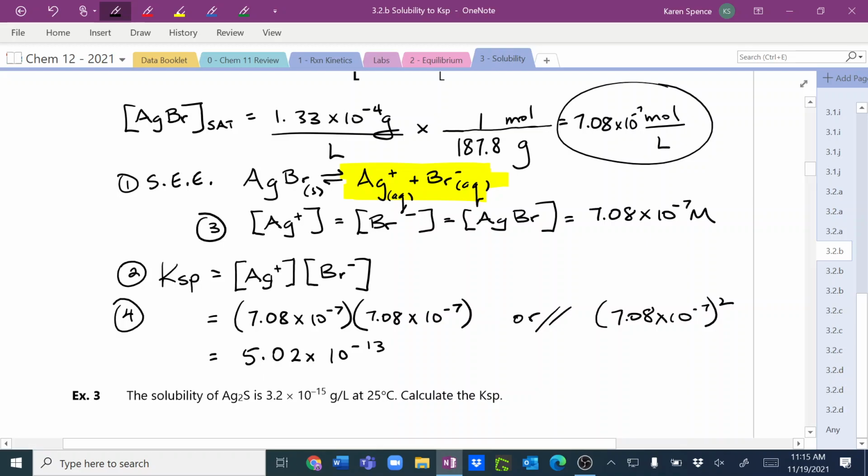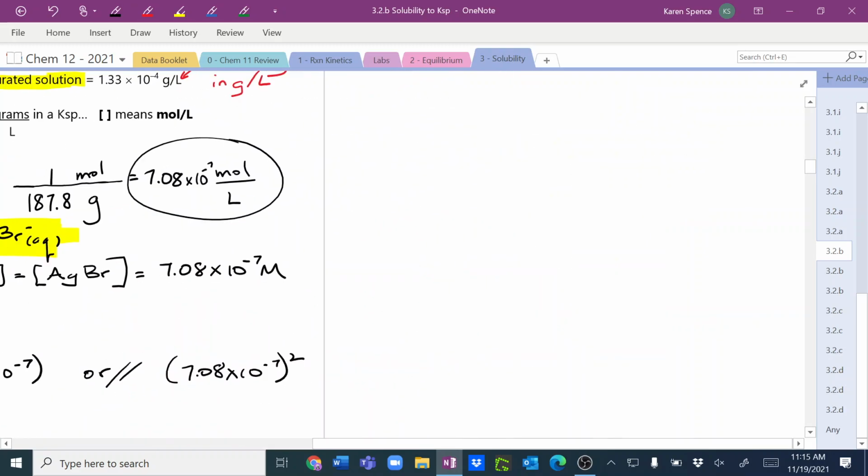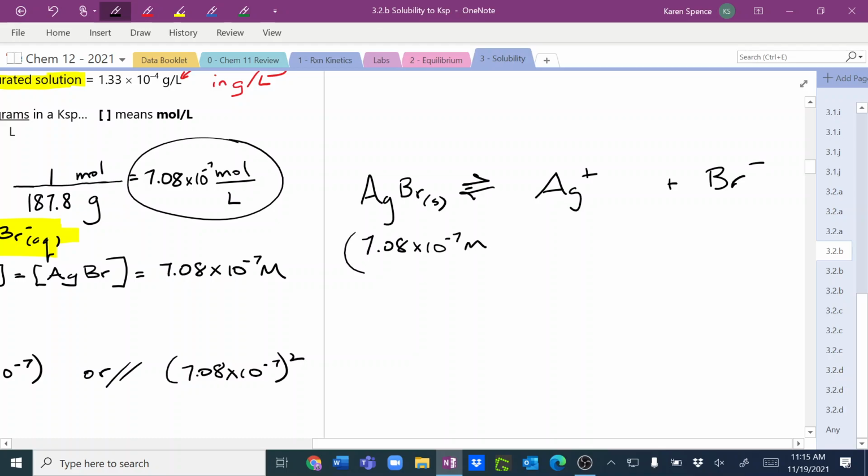You either need to write that, or underneath, had you written this a little bit further apart, you could write underneath 7.08 times 10 to the minus 7 molar, 7.08 times 10 to the minus 7 molar, 7.08 times 10 to the minus 7 molar.